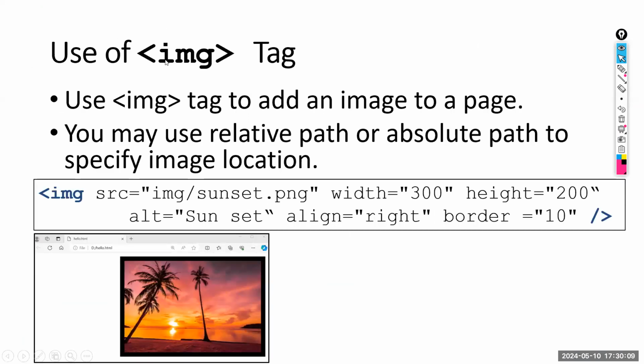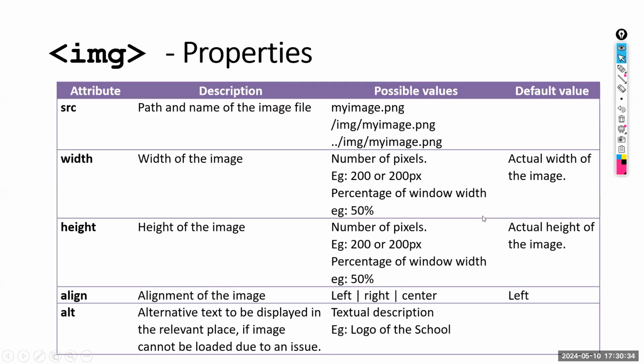It's a contentless inline tag, so you can just use it as a single tag. The important attribute is src, which is the mandatory attribute. All the others are optional, like width and height. You can have alternative text, alignment, and border. Those are the other attributes depending on your requirement.